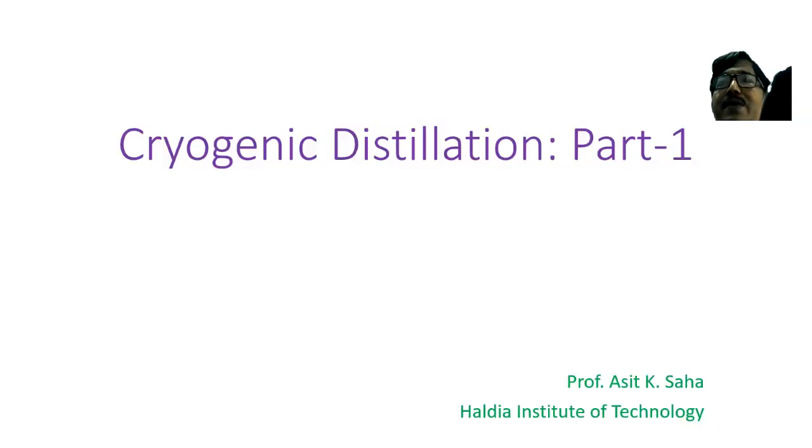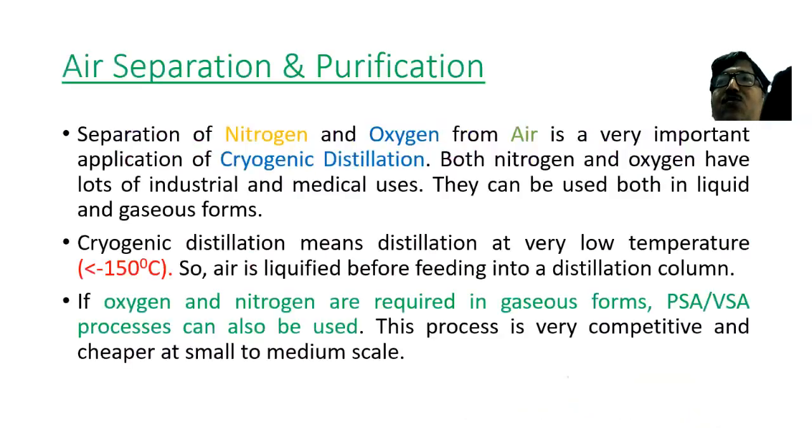Let me discuss this in detail. Separation of nitrogen and oxygen from air is a very important application of cryogenic distillation. Both nitrogen and oxygen have lots of industrial and medical uses.